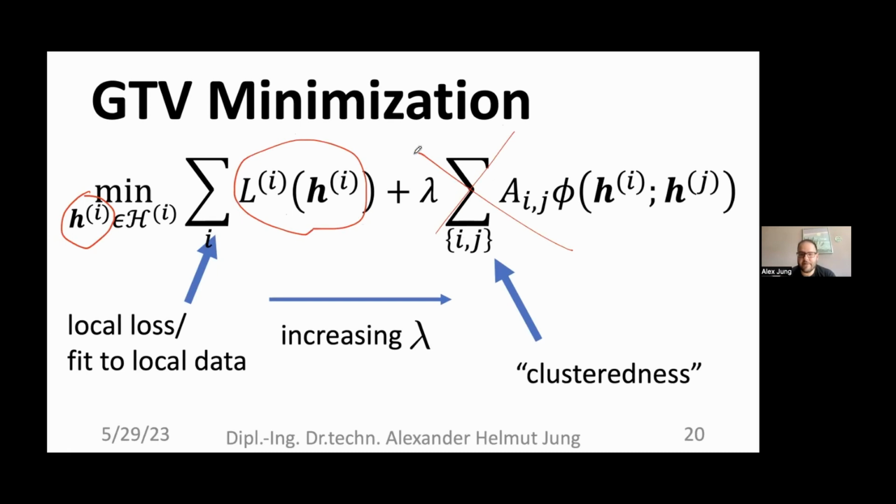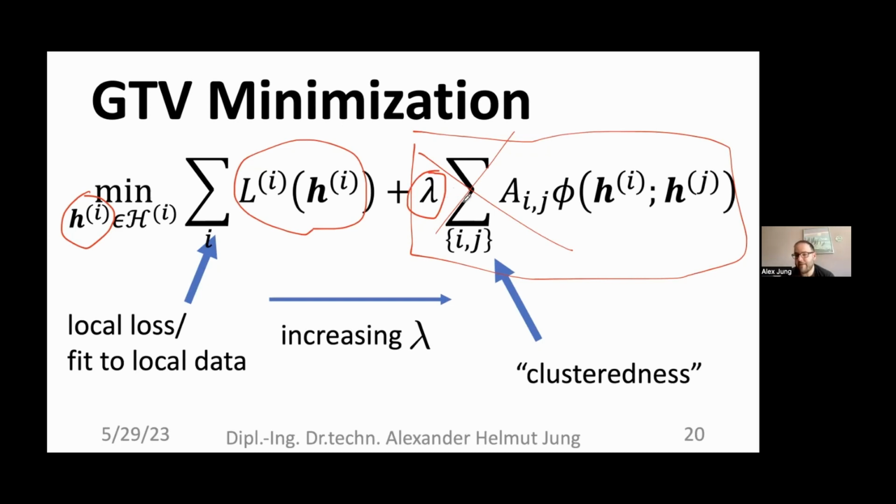So how we couple this is by adding this regularization term, which is the generalized total variation. And we scale the importance of this coupling by a parameter lambda. So the larger lambda, the more we want to couple local models to be similar across the connected components of this network.